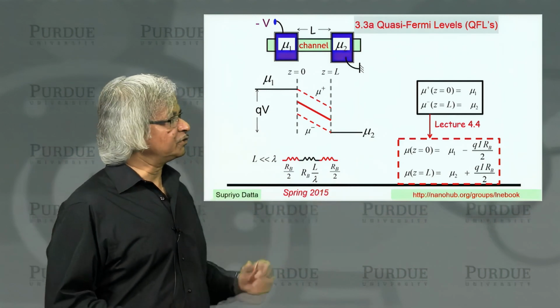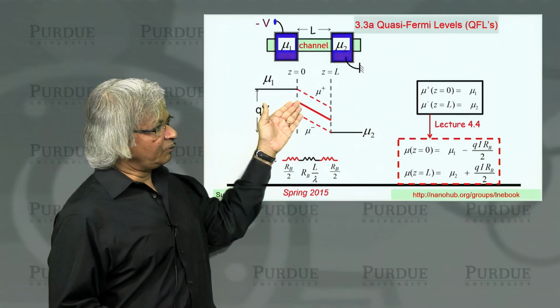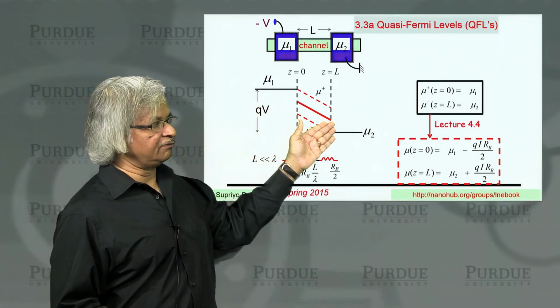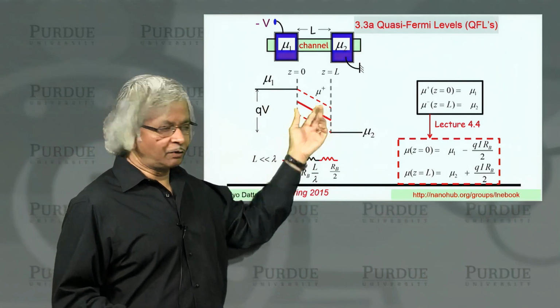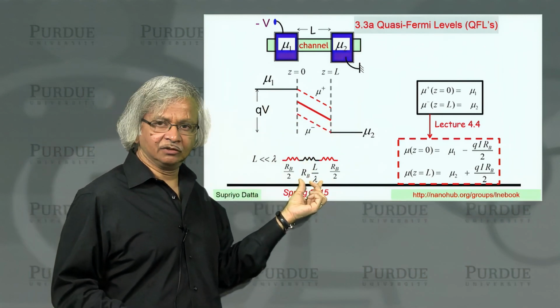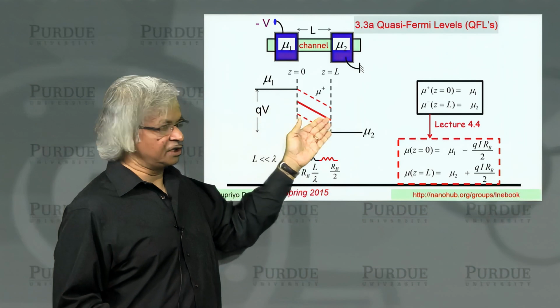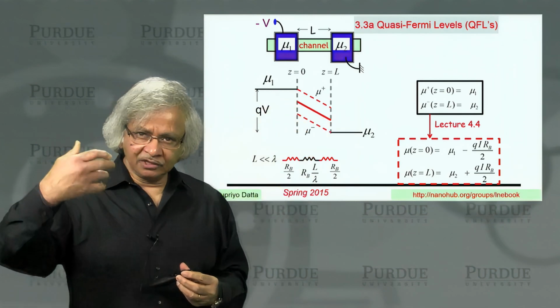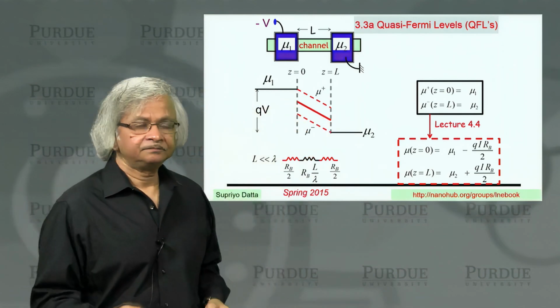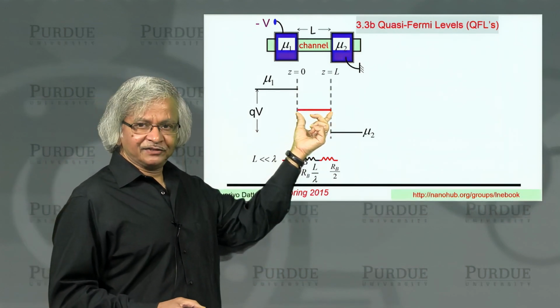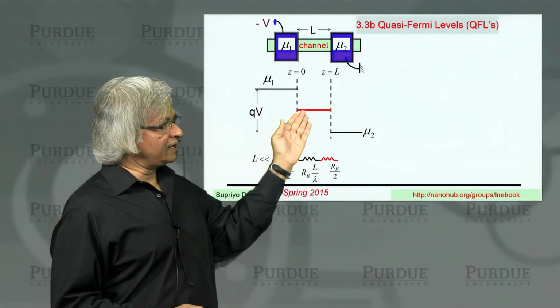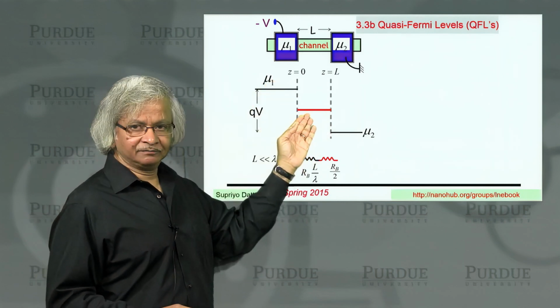So in that case, what you'd expect is that the electrochemical potential will hardly change inside the channel. Why? Because that resistance is small. This change in potential corresponds to the resistance. So what you expect is this will be flat inside. And the question is, why is it halfway in between?